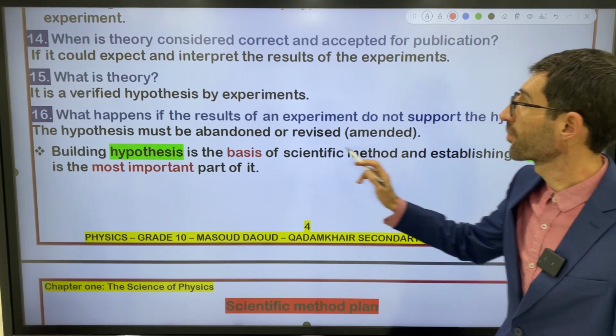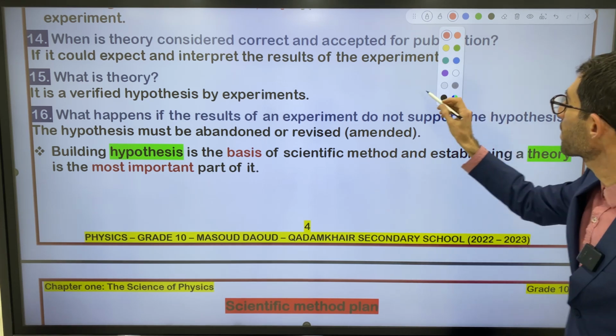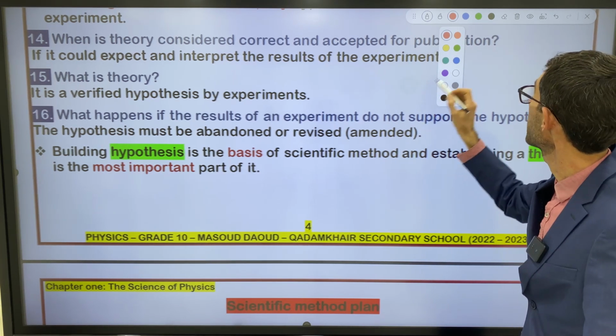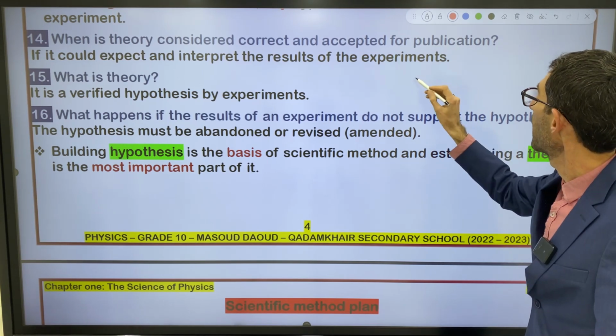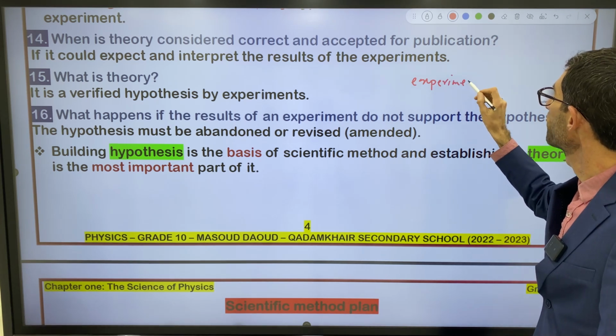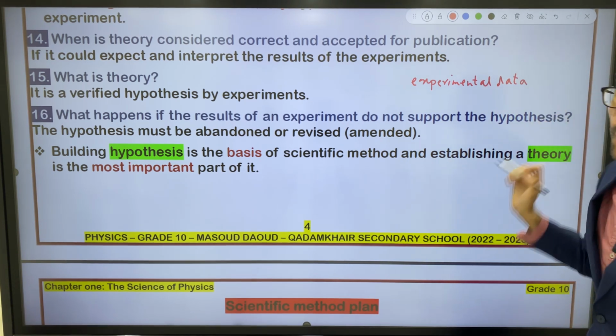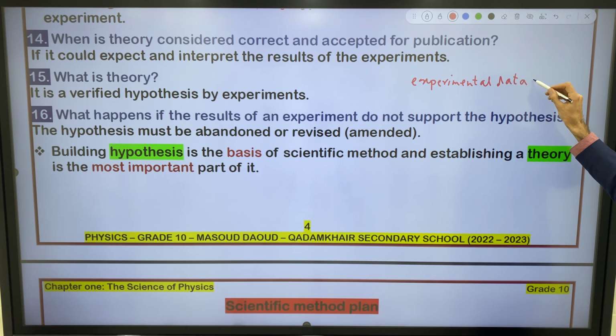What is a theory? Let me write this one for you. When experimental data coincide with the prediction of the hypothesis, what happens in this situation?